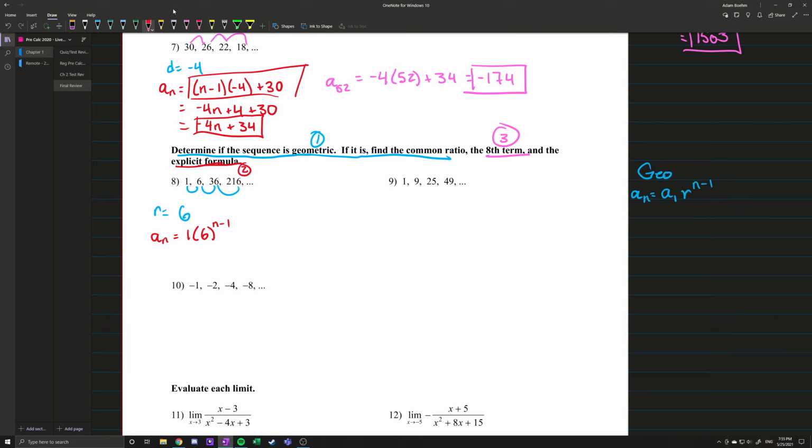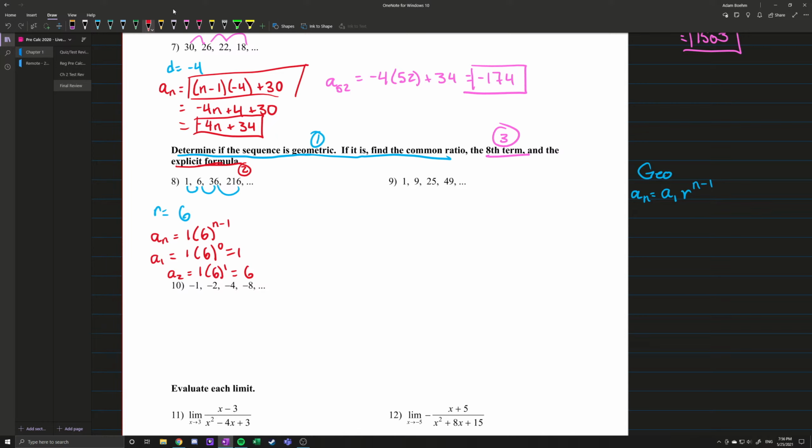And we should be able to check this. If we plug in 1, we get 1 times 6 to the 0, which is just 1, right? That's our first term. A2 is going to be 1 times 6 to the first, which is just 6. And then we could test it for the third, the fourth, that would work.